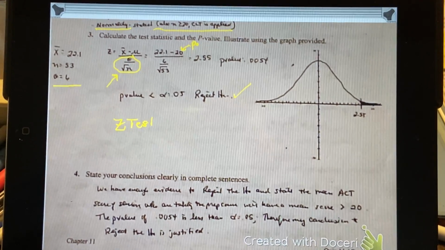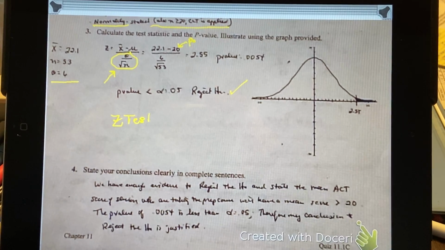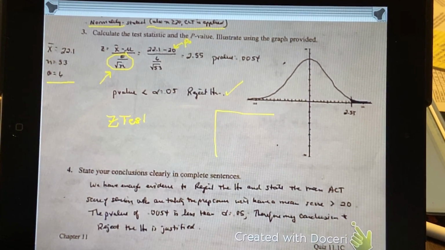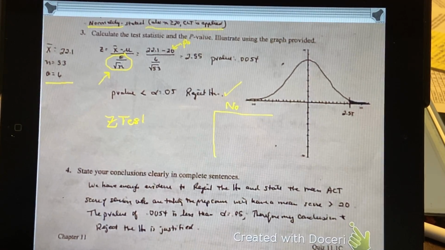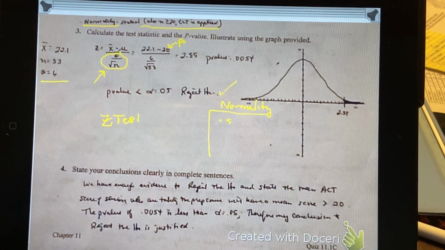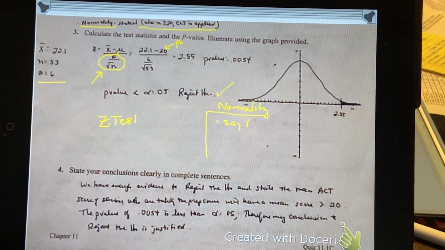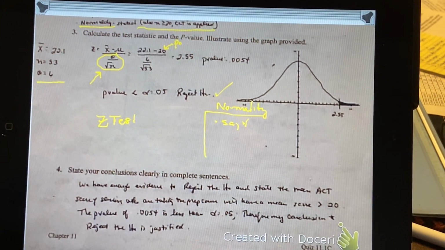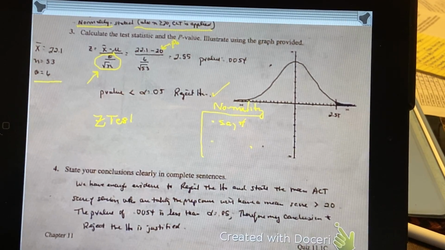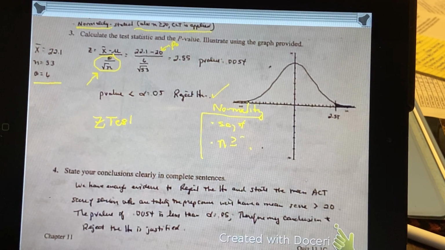But remember, in the prompt it said normal. So don't forget, when you're checking for normality, there's 3 things. Did it say it? If it didn't say it, was your n greater or equal to 30?